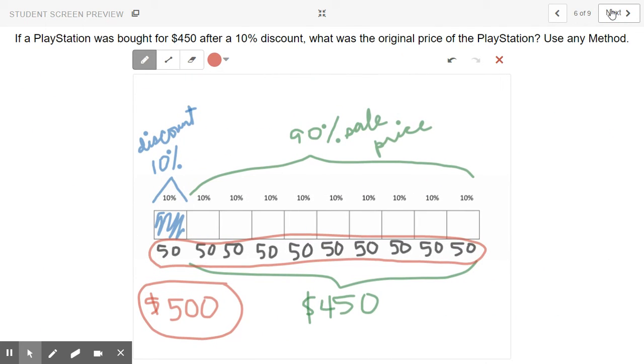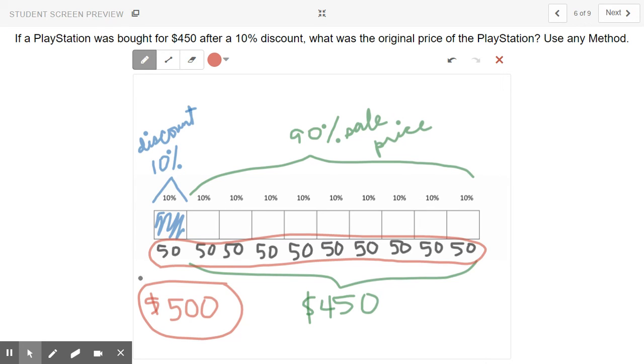If a PlayStation was bought for $450 after a 10% discount, what was the original price of the PlayStation? Use any method. I shaded 10%, that's the discount. It says the PlayStation was bought for $450 after the discount. The sale price is what the person paid after the discount.